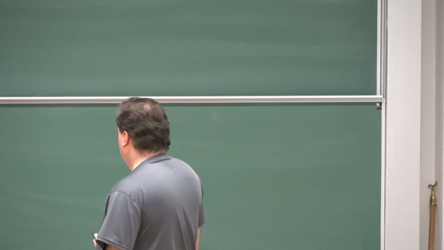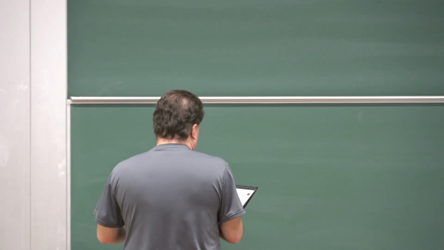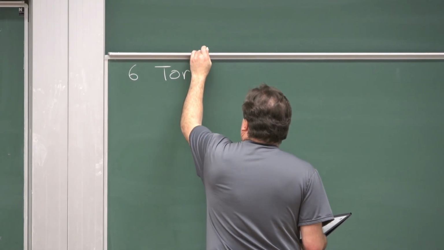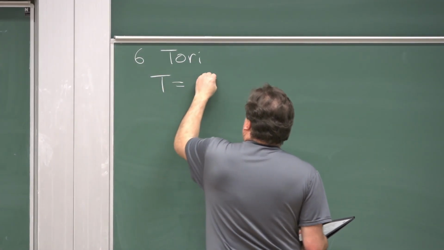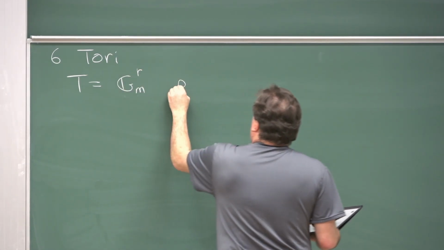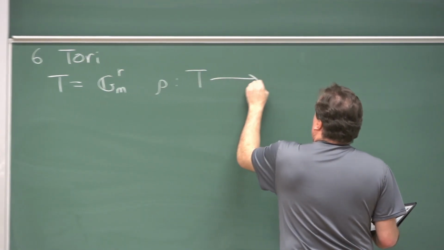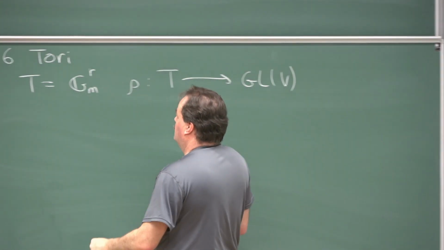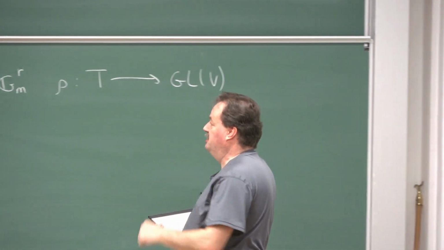Another example is tori. A torus is just a product of multiplicative groups. And so we have maybe some representation, and these actions are always diagonalizable.